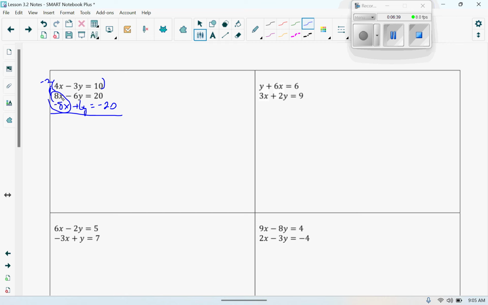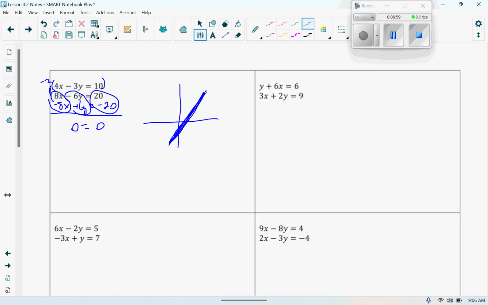So this cancels out, and this cancels out, and this cancels out. So I get 0 is equal to 0. If I were to graph this, this would be like the same line on top of each other. Sorry, that's a terrible picture, but it's like the same equation.